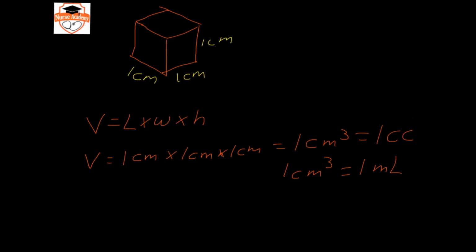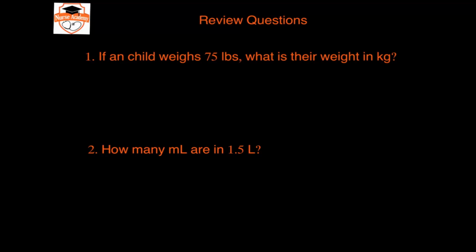But then more biological science classes will use the term cc, but they're all related. 1 cc is a shorthand for saying cubic centimeter. If you look at the words, right, it's cubic and centimeter, and so that's where your cc comes from. And 1 centimeter cubed is the same thing as a milliliter. So it's very important that you keep all of these things in mind, because there is a relationship between volume and distance, and that is something that might come up. Read the following questions, then pause your video and answer them.